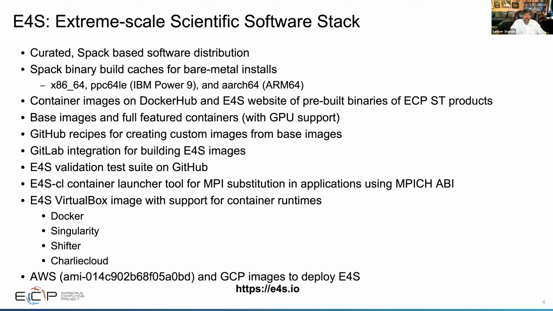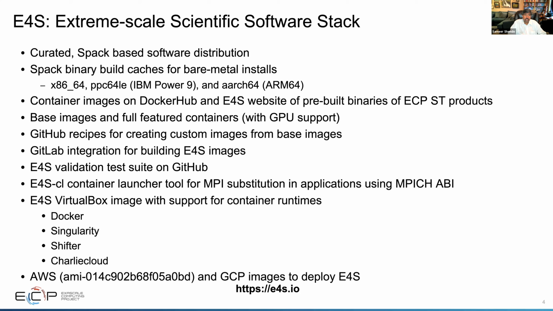We have container images available for download on Docker Hub and the E4S webpage of pre-built binaries of ECP ST products. We have base images so you can create your own custom image, and also full-featured containers with GPU support. We have GitHub recipes for creating custom images from base images.